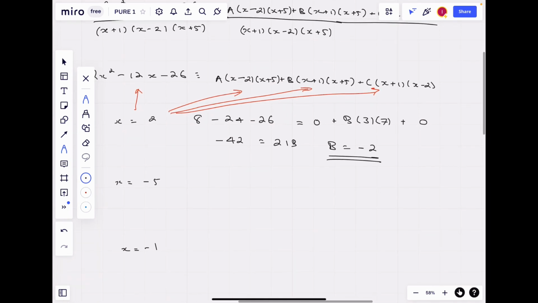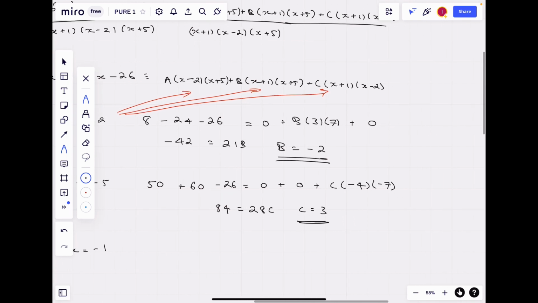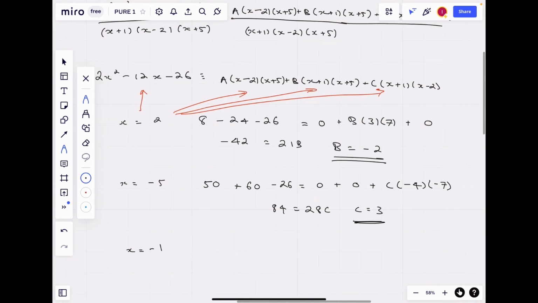So when you do that with minus 5, you get 50 plus 60 minus 26 equals 0 plus 0 plus c times minus 4 times minus 7, which means 84 equals 28c, c equals 3. That's another constant done.